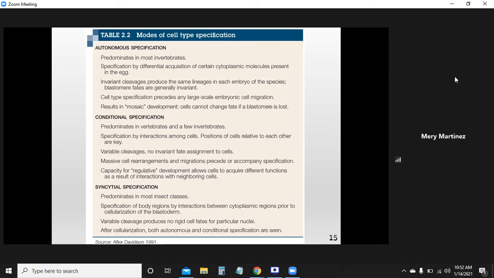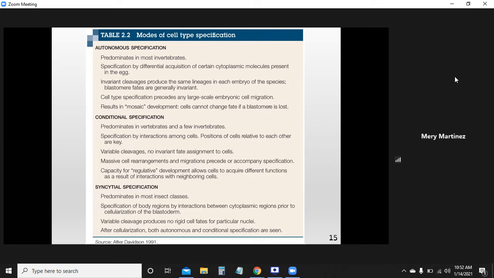Conditional is the acquisition of cell identity based on position and interaction with the neighboring cells it comes in contact with. And then finally, the syncytial, where the nuclei are maintained in a specific position, and the morphogens to which they are exposed finally determine the fate of those cells.